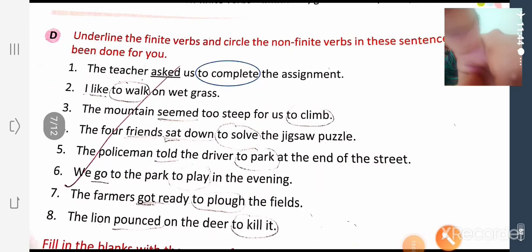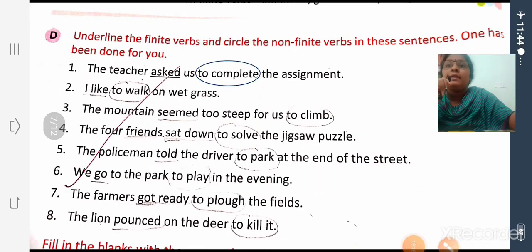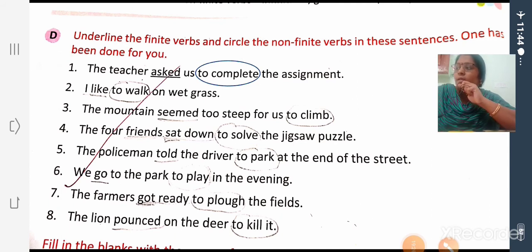Then the exercise: underline the finite verbs and circle the non-finite verbs in these sentences. Page number 40. One has been done for you. The teacher asked us to complete the assignment.